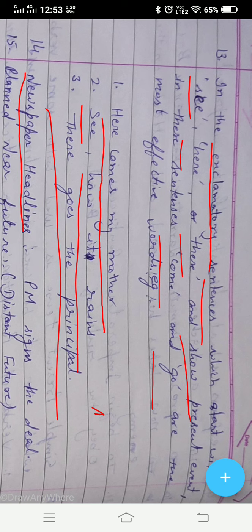Newspaper headlines: PM signs the deal. It means PM sign deal करते हैं. Planned near future.